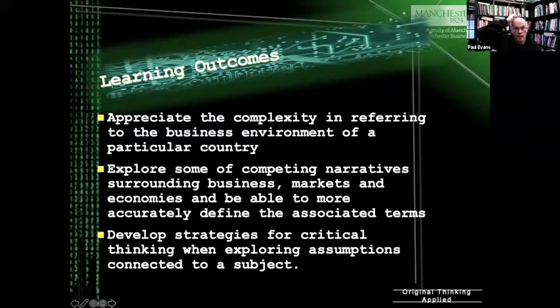And develop more strategies for critical thinking, exploring assumptions connected to a subject. There is a danger that what we try to do is apply a one-size-fits-all to the various solutions, and to say that economy tends towards our models, or do the models shape the economy? Now, this is a difficult point, and I understand that.